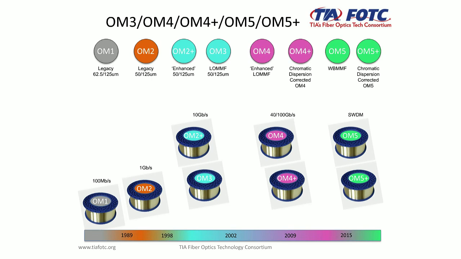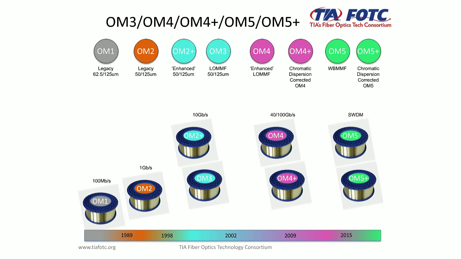Roadmap for multimode fiber, starting left to right, and the timeline's very loosey-goosey, and it's not linear. Just to give you a flavor of where we've come from, OM1 fibers, legacy, 180 megahertz, 200 megahertz kilometer fibers, OM2 fibers, 400 to 450 megahertz kilometer fibers, really at the start of the 1 gig Ethernet ecosystem.